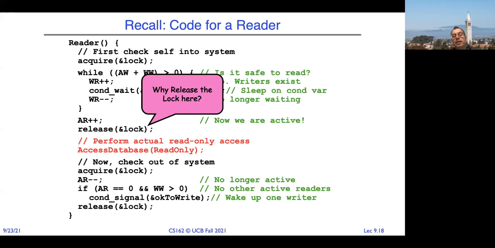Yes, so any readers can get the lock. You don't change the state variables. The locks are for changing the state variables. And in this particular case, if there are only readers in the system, you want them to read concurrently. Very good answers.